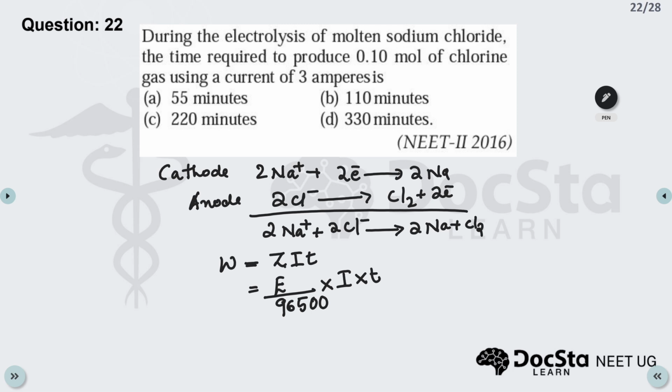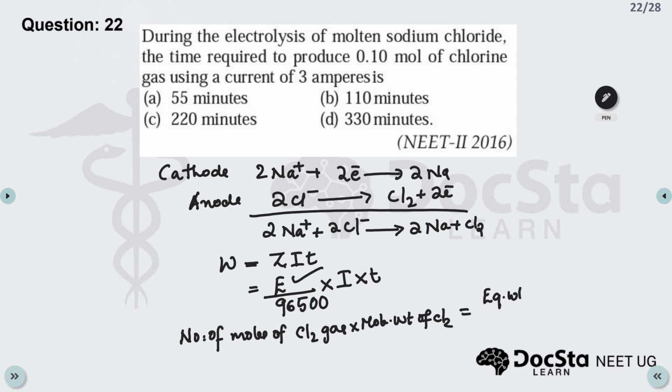അപ്പോൾ നമുക്ക് എങ്ങനെ എഴുതാം, instead of W you can write it as number of moles of chlorine gas into molecular weight of chlorine gas is equal to E, where E is the equivalent weight of chlorine gas, divided by 96,500 coulombs into I into T. ഈ രീതിയിൽ കാൽക്കുലേറ്റ് ചെയ്ത് ആയിരിക്കും ബെറ്റർ.